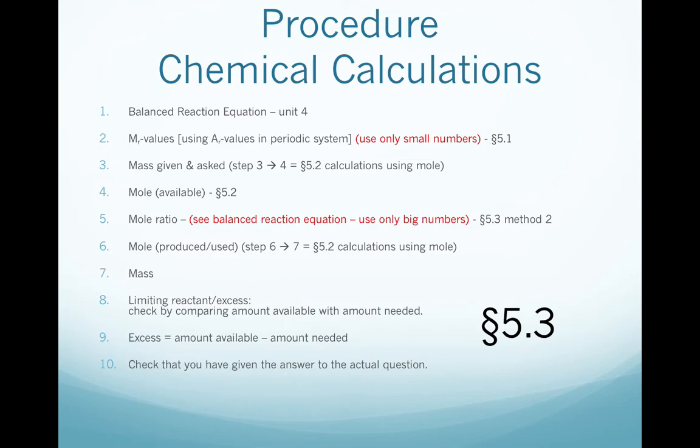Then we use the mole ratio. We use it to find how many moles are needed of the substance in excess. And then we go back and calculate the mass of that substance in excess. So then we know, okay, we have a certain amount available minus the amount needed.